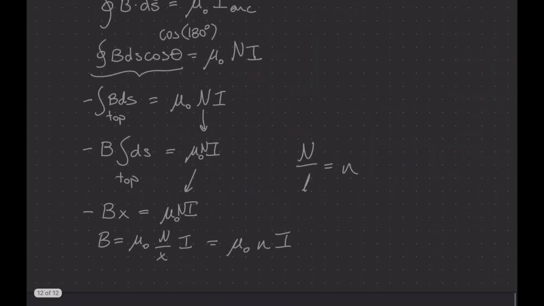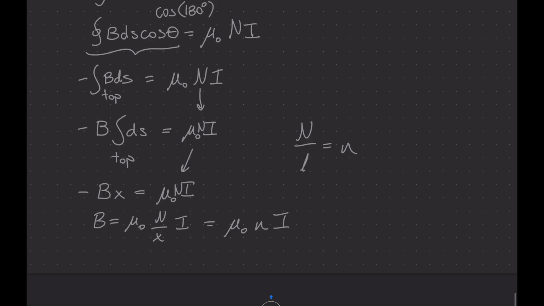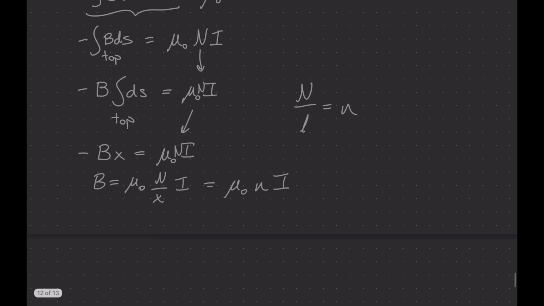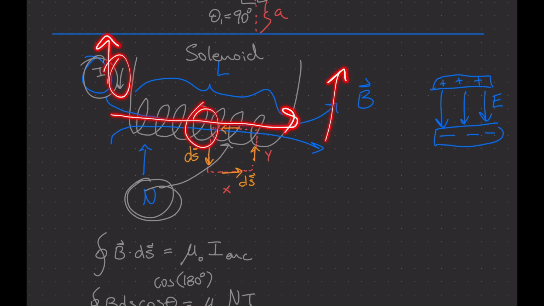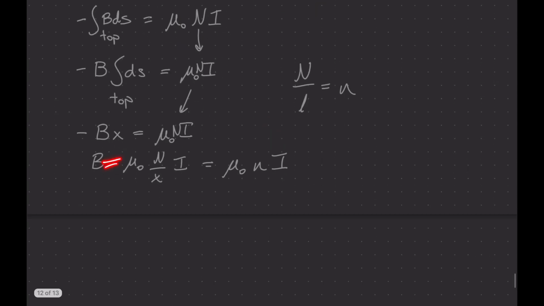So what that means is you have a solenoid, and if you increase the current on the solenoid, so boom, I increase this current, the magnetic field inside the solenoid gets bigger, right? Because they are directly proportional. B is proportional to I. If I change the current density, or sorry, not the current density, the wire wraparound density.